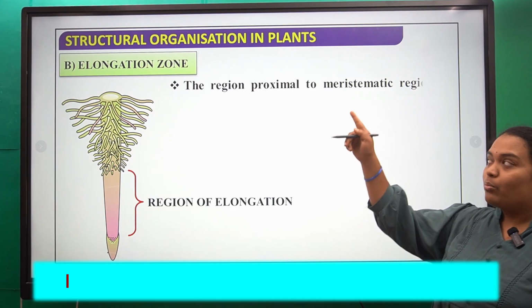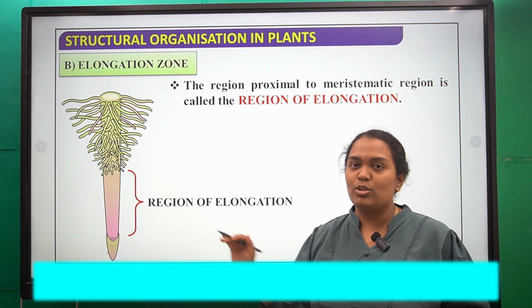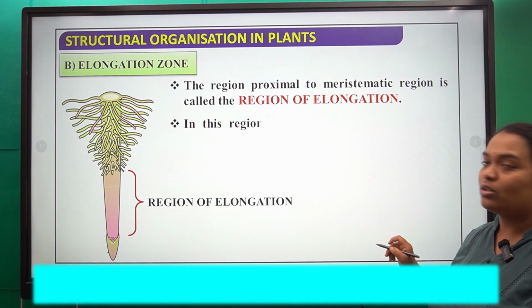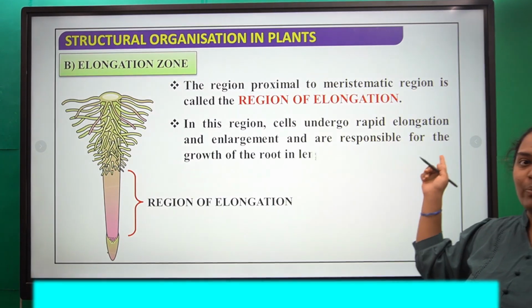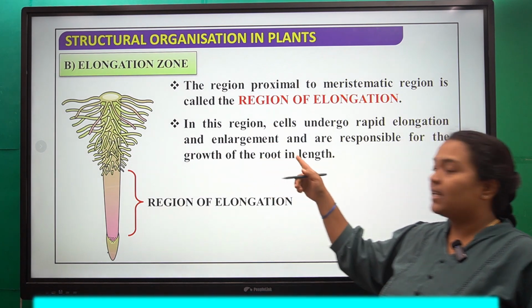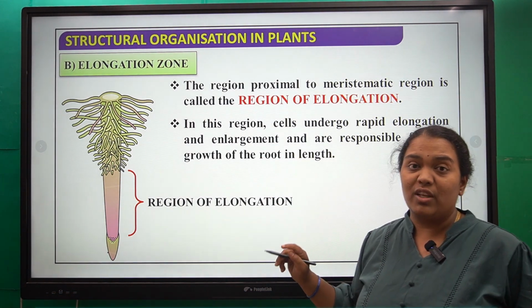So the region proximal to the meristem, proximal meaning always that side, distal meaning towards the base or the apex, is called the region of elongation. In this region, cells undergo rapid elongation. They are increasing in length and enlargement and are responsible for the growth of the root.